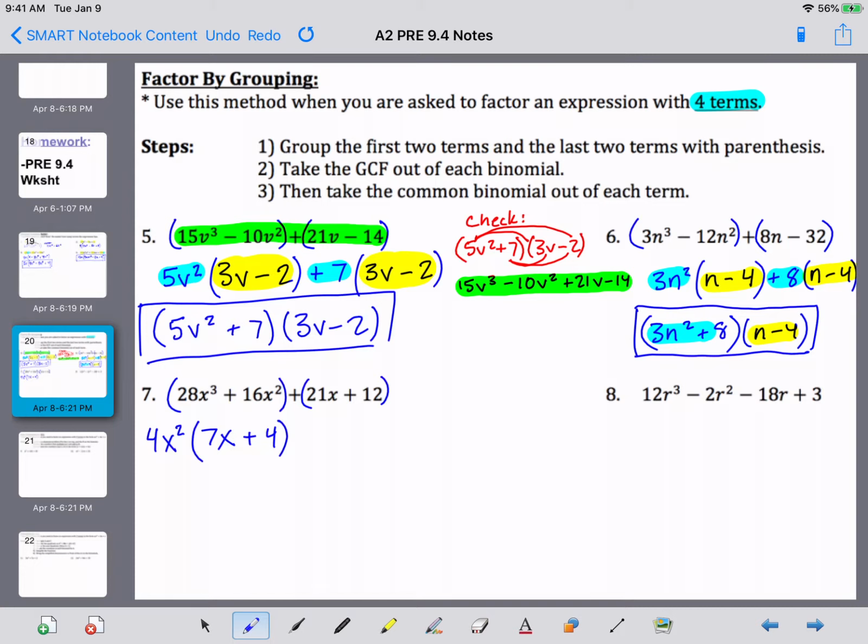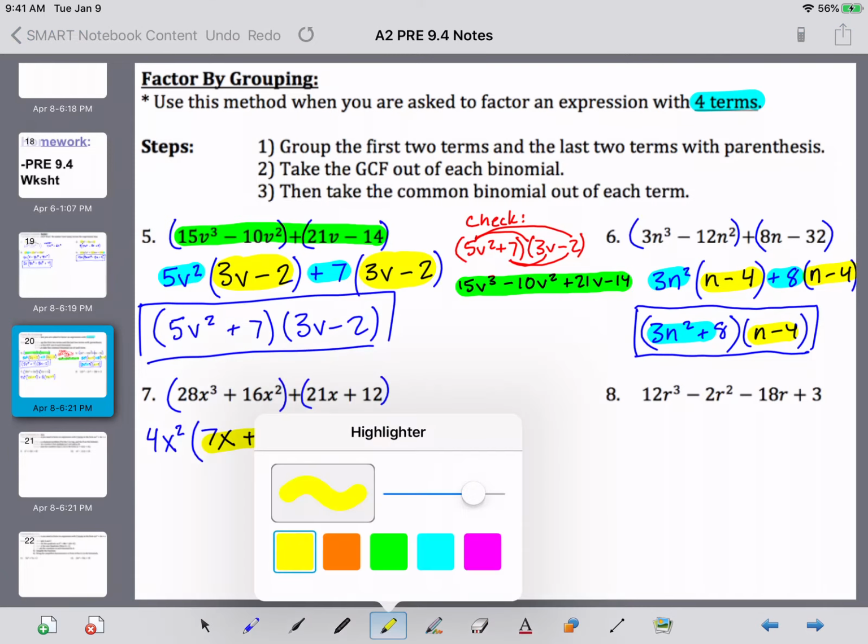21x and 12 are both divisible by 3. And then there's no variables in 12, so I can't take out an x. But then I'm left with 7x plus 4, which is good because these two terms should match, and they do.